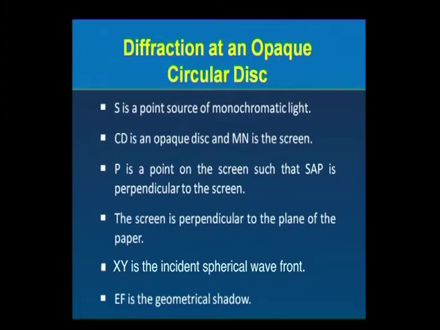Then, if you look at Newton's theory, you should have a dark region on the screen, but you are not getting a dark region, you get again rings. Thereby you feel that the ray concept is wrong, and you have to make use of the phenomenon of diffraction. The light beam bends around the circular disc, that is the obstacle.